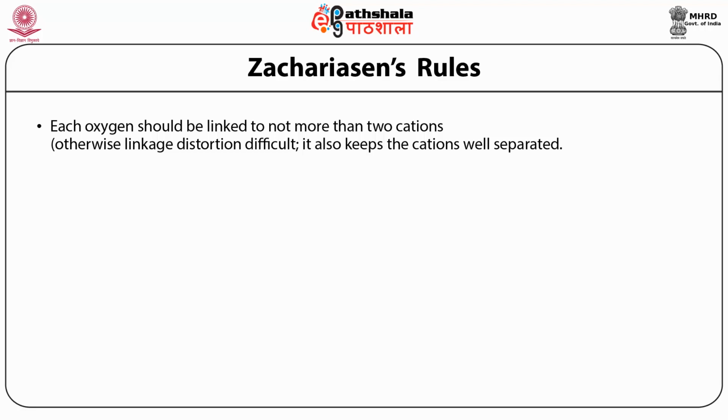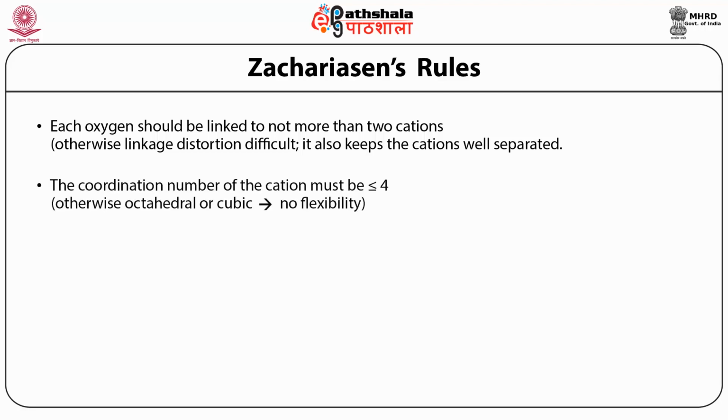The second condition is that the coordination number of the oxygen ions about the glass forming cation must be small, 4 or less. Otherwise, an octahedral or cubic unit will result with no flexibility.